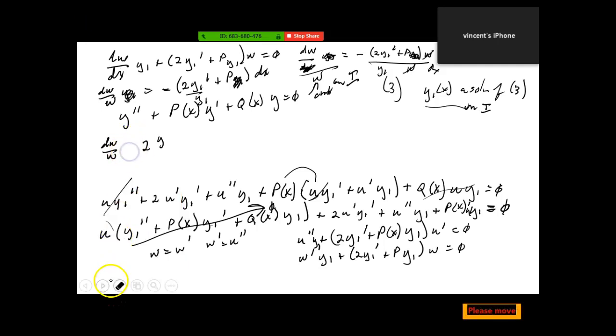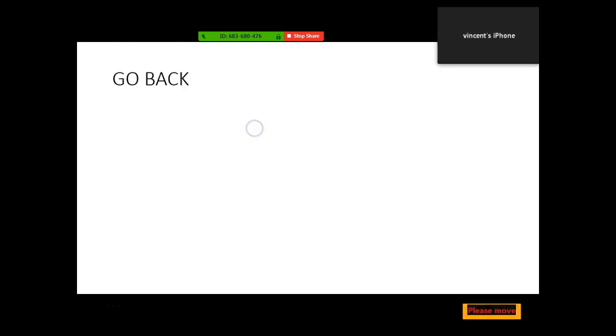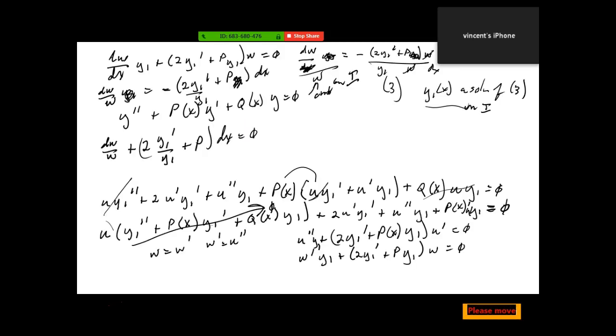Okay, we'll change this to a plus, as I'm adding that back to the side, plus 2y1 prime over y1 plus p, well, yeah, it's going to be a plus because we moved it to the other side, p dx is equal to 0. Now, that's what I'm getting. Let me make sure that's the same thing they get. Yeah. Now they put the dx in each term. That's okay too.